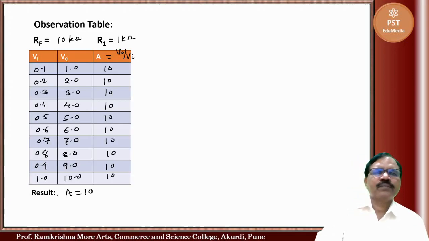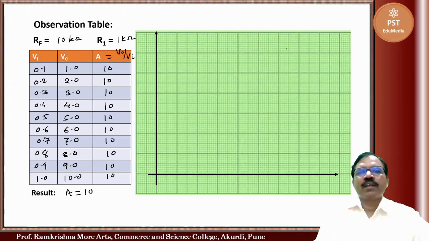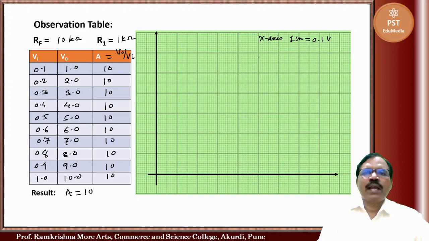Now here we will plot the graph. On the x-axis we can take 1 centimeter is equal to 0.1 volt, and on the y-axis 1 centimeter is equal to 1 volt.